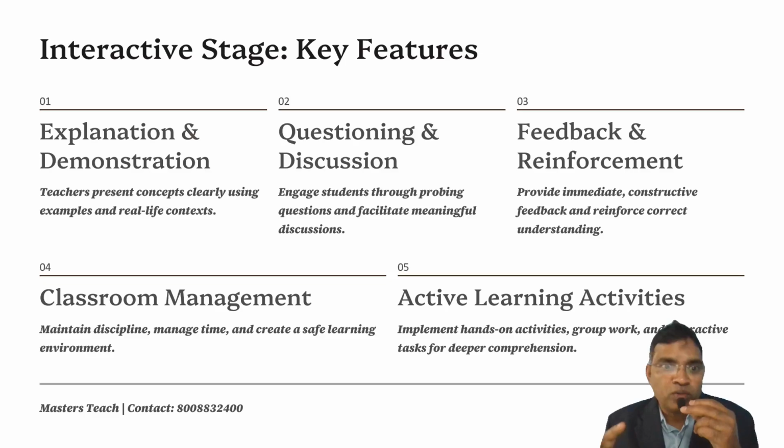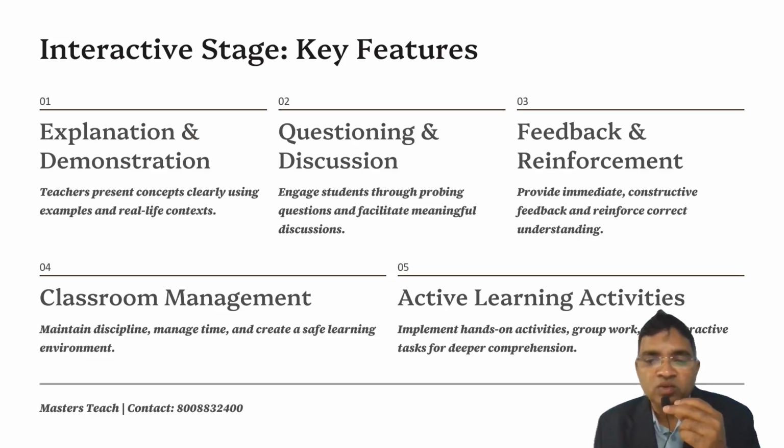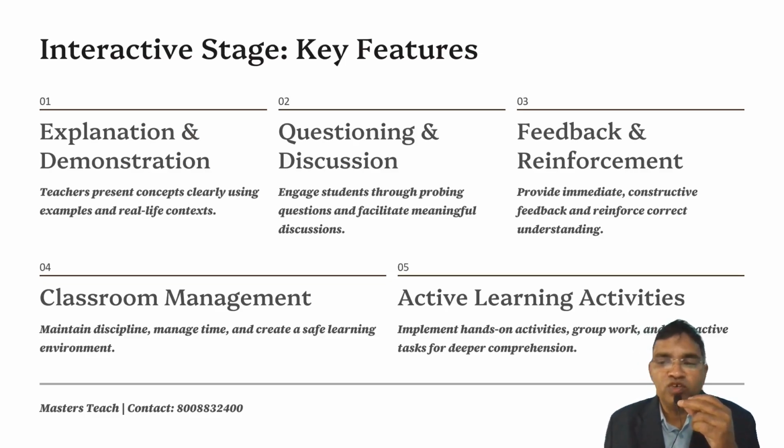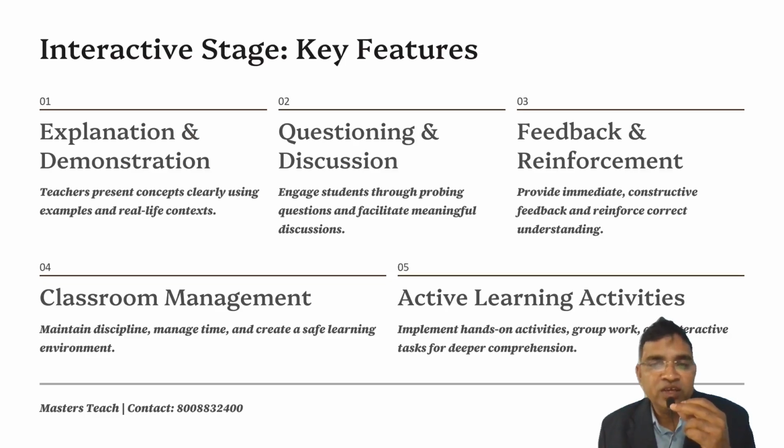You have to maintain proper discipline, manage the time in 40 minutes, and create a safe learning environment because they are specially abled people. Then active learning activities: implement hands-on activities, group work, pair work. You have to let them interact, and let them have a deep understanding of the topic. These are the key features of the interactive stage.